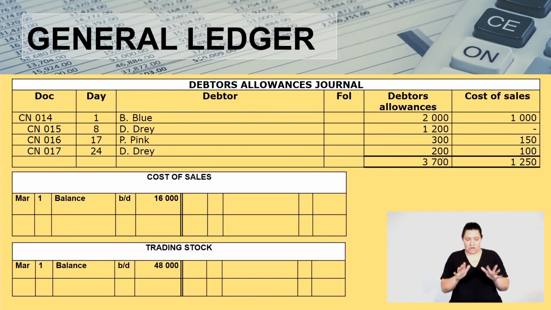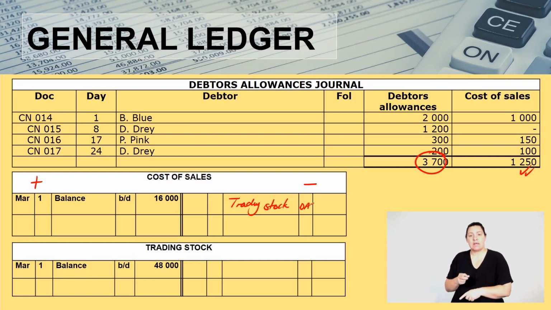Let's quickly move on now to the other 2 accounts. Remember, we have already done the 3,700. Now we must do the 1,250. So I'm now coming to my cost of sales. Remember, it's a plus and it's a minus. So my cost of sales is going to decrease. What do I say here now? I'm going to say trading stock. Remember, here we have to show that it's from the DAJ, 1,250.